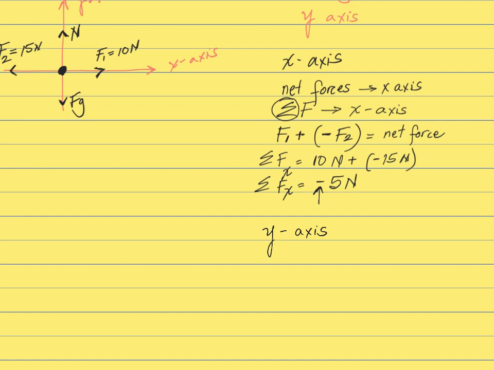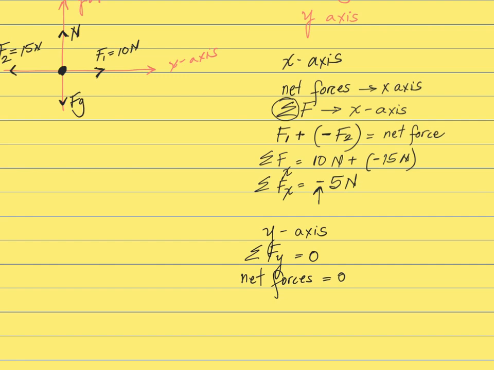Okay, so if you want to analyze now the sum of all the forces in the y-axis, since this object is not moving up and down, all the forces in the y-axis are going to be equal to 0. So the net force is going to be equal to 0.